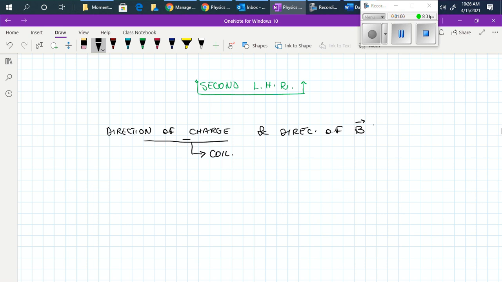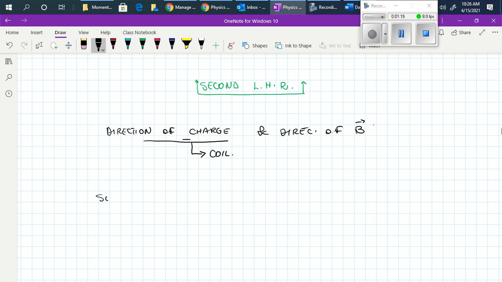So if on the first left-hand rule, the thumb was telling us the direction of the charge and the fingers coiling were telling us the direction of the magnetic field, now they will switch places.